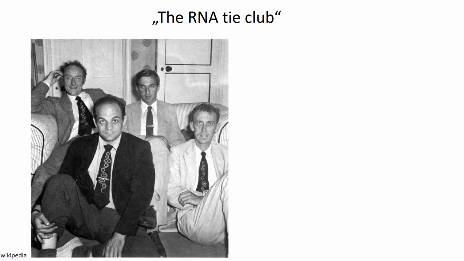In 1954, James Watson, together with others, founded this RNA Tie Club. So on this picture, you see actually Crick on the left and Watson on the right, and you also see them wearing their RNA ties. So in this club, it was Francis Crick who first came up with this adapter idea.